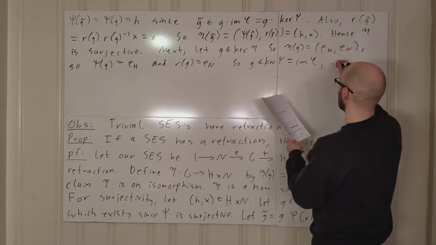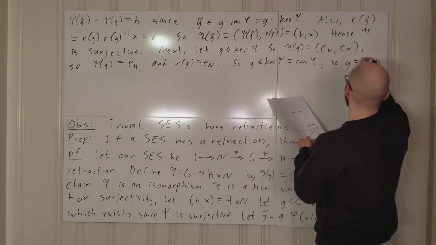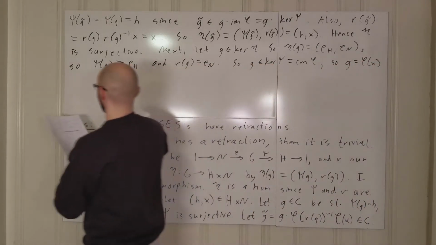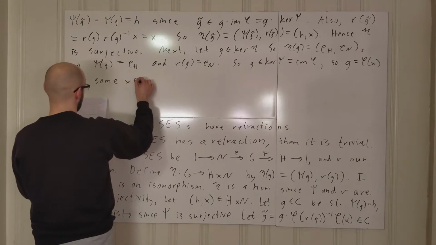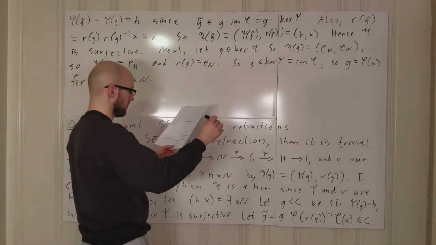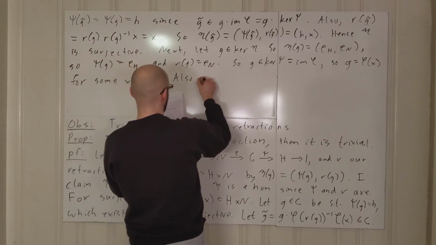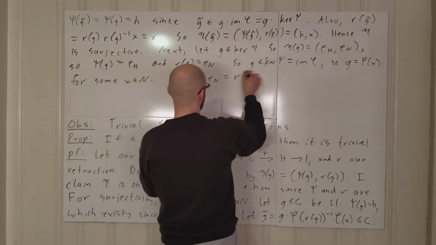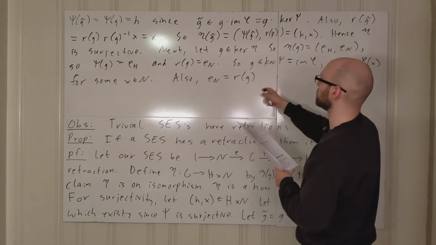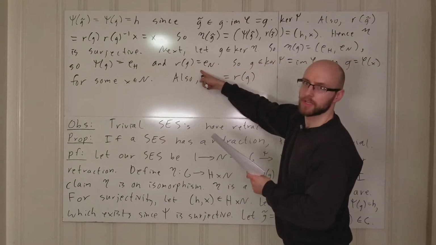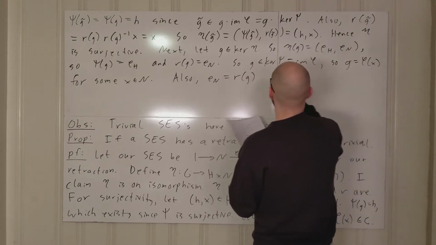then g must be phi of x for some x in N. Okay? So also we have e_N, which is r of g, because of this right here. So e_N is r of g, but g is phi of x.